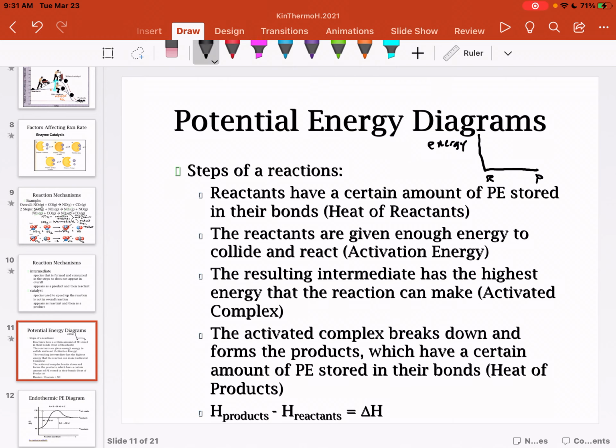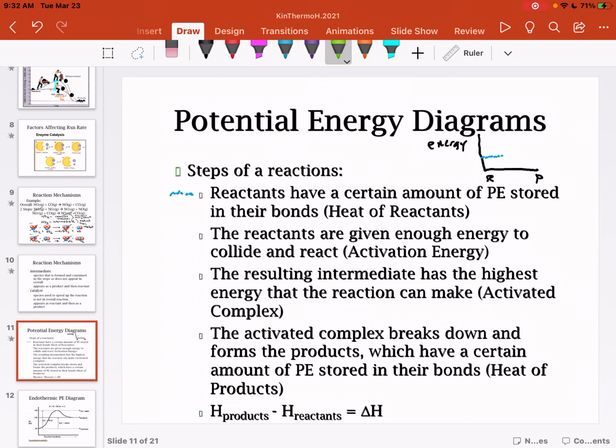And that's usually in kilojoules. So what happens is our reactants generally have a certain amount of potential energy stored in their chemical bonds. And so as a result, our reactants, we will usually get a flat line at the beginning of any potential energy diagram. Then we know our old bonds are broken.